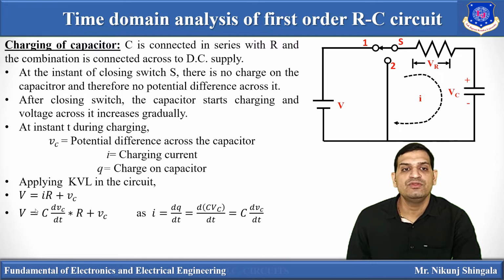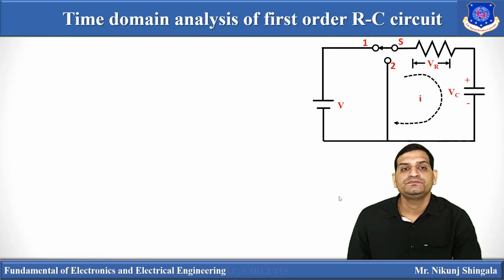If we put this value in this equation, we get V equal to C dVc by dt into R plus Vc. So we can write V equal to Vc plus RC dVc by dt. Now we can write V minus Vc equal to RC dVc by dt.